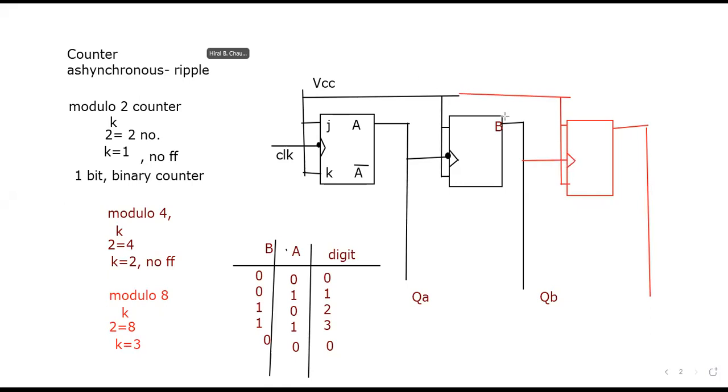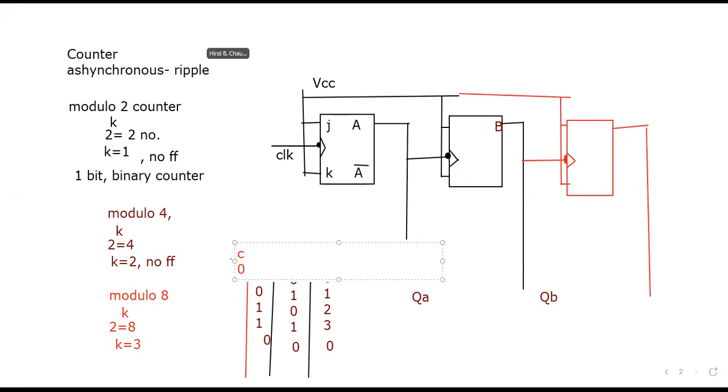Okay, so this is our modulo 8. You should come to know this thing. Okay, and for this, over here we have to draw the C line. Okay, here it would be C.